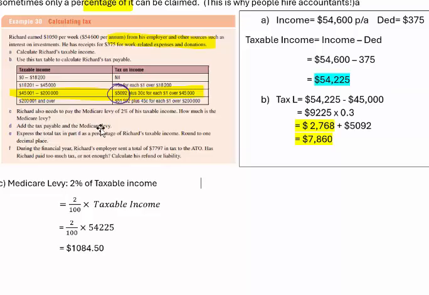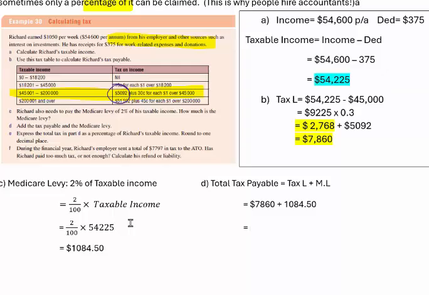Now it says add your tax payable to your Medicare levy. So D, total tax payable equals your tax liability plus your Medicare levy, which equals $7,860, Richard's tax liability, plus $1,084.50 for the Medicare levy.